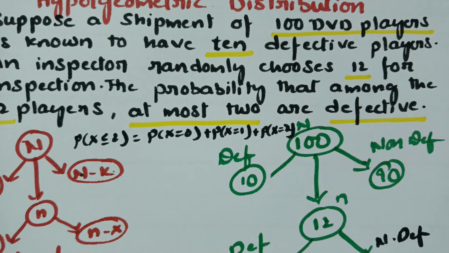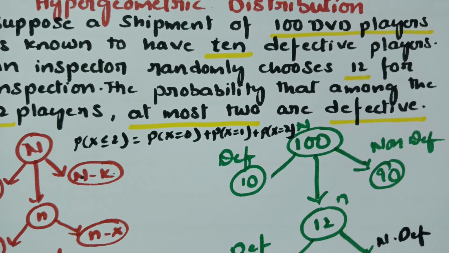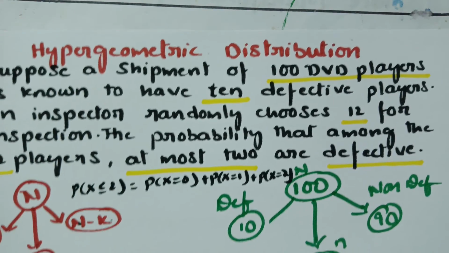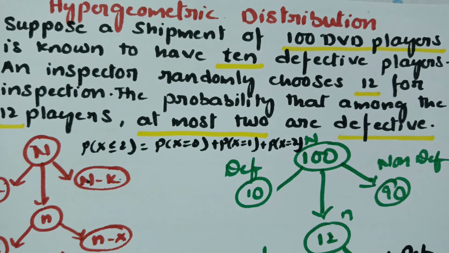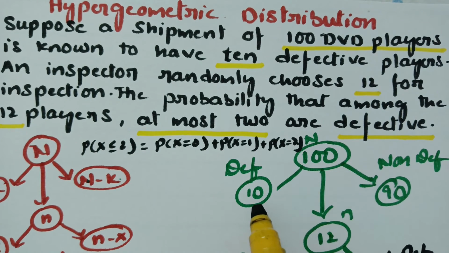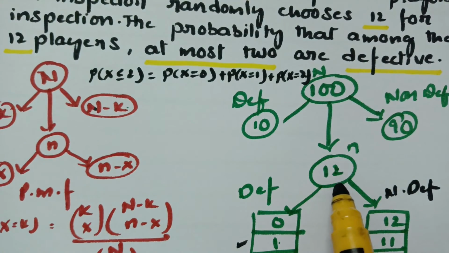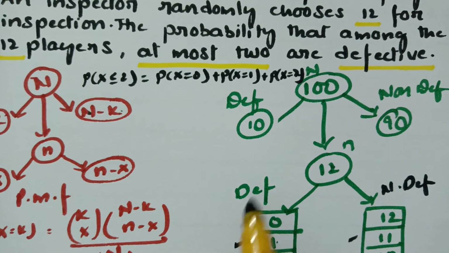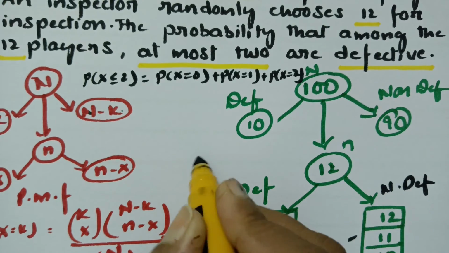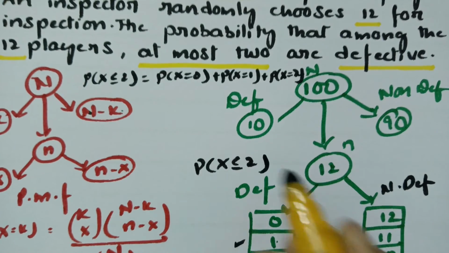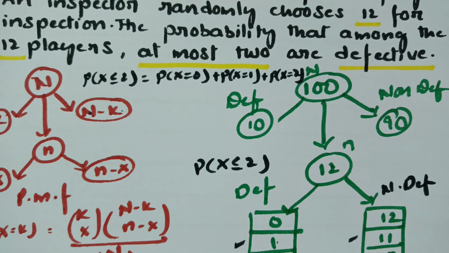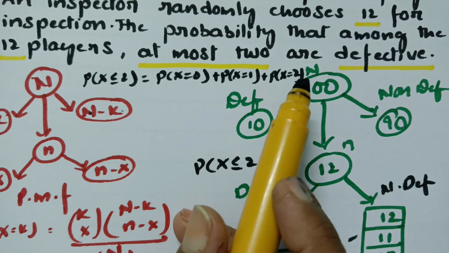NCr is equal to n factorial divided by n minus r factorial times r factorial, and using that formula you can use your calculator and calculate. This is how we have to frame the capital N: these are defective items, these are non-defective items, and this is the small n sample size. We need the probability of at most 2, that is x equal to 0 plus 1 plus 2.